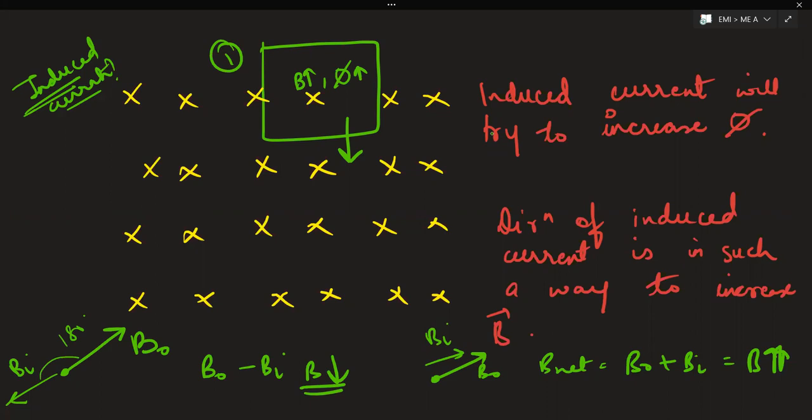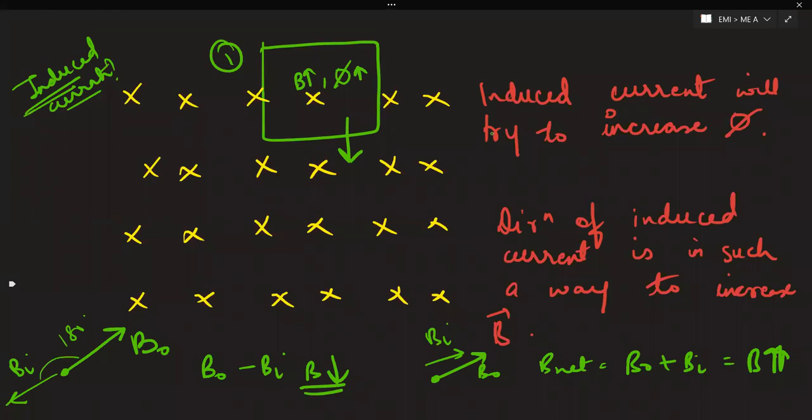So now do one thing. Keep your thumb outwards on the screen and see the curvature of the fingers. Everybody do it along. Keep your thumb in the direction of the induced magnetic field, which we have chosen, it will be outwards. Then only there will be a subtraction in both the magnetic fields and the magnetic field will decrease.